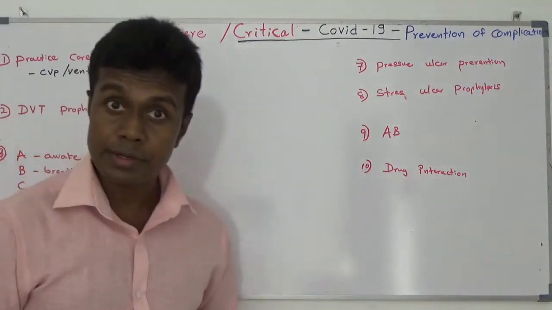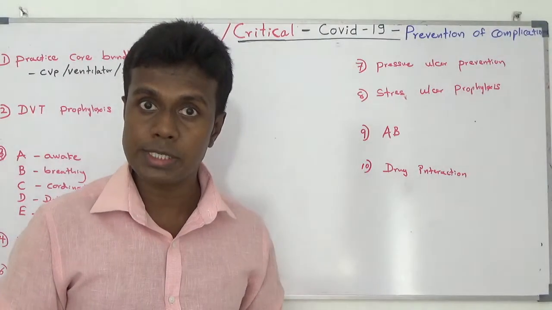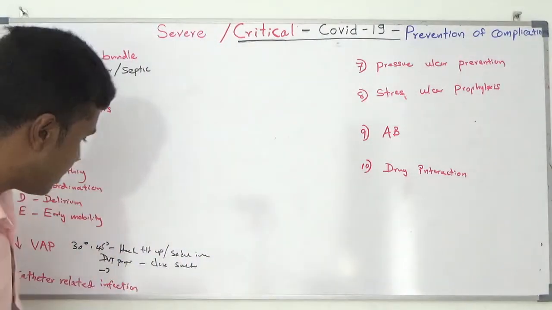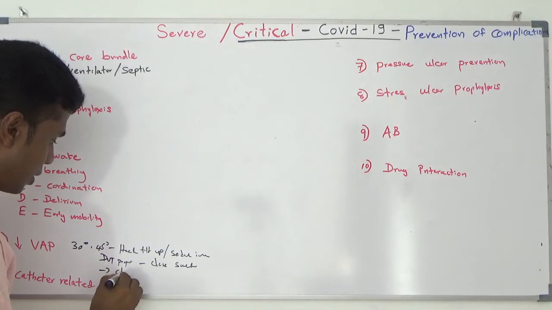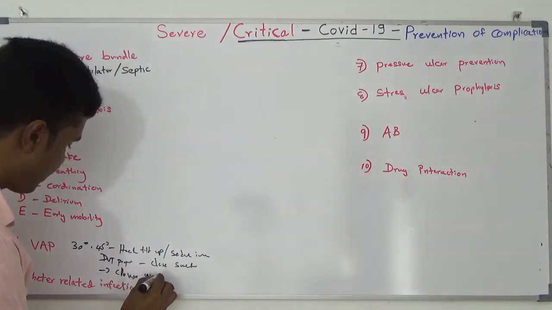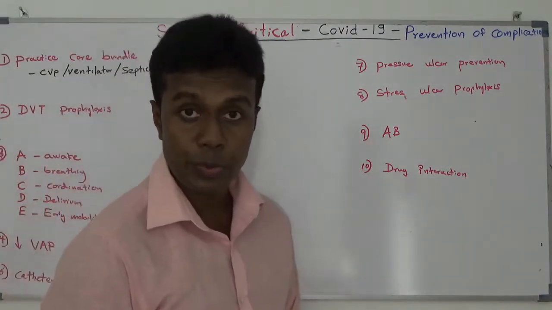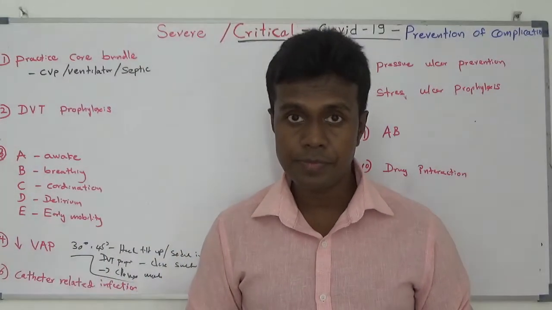And you have to maintain good oral hygiene. You have to clean the mouth with chlorhexidine mouthwash. So you have to practice the ventilator-associated pneumonia care bundle on your patient.